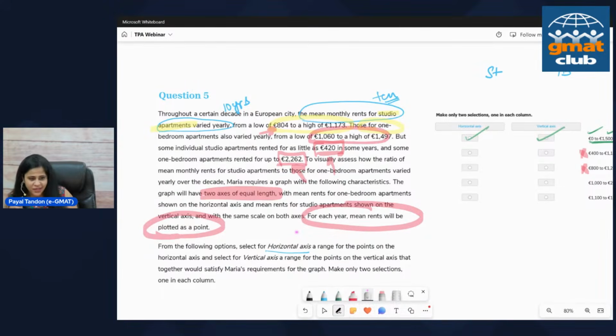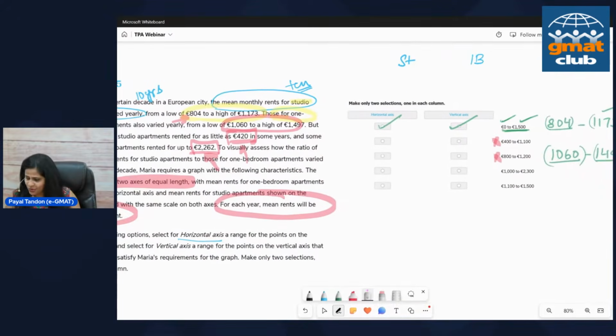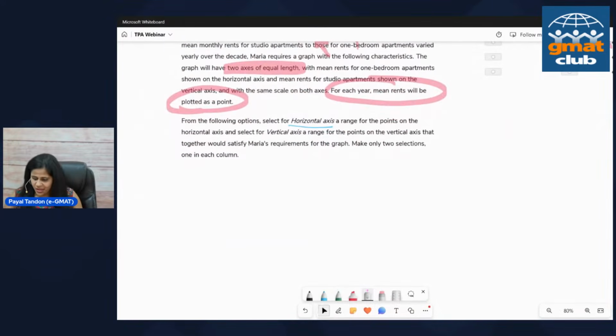I believe that a number of you would have been stumped because of this information. You probably didn't know how to account for it. Is that correct? Because none of the choices will be able to take care of 2260, 2262, right? So again, the point being over here is that you really have to own the data set.